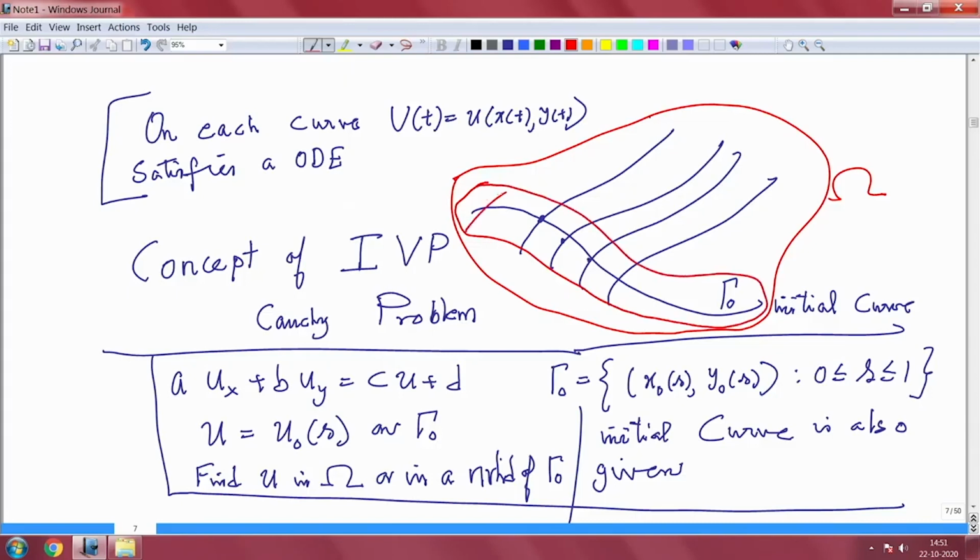So, you want to determine u locally. This is called the existence of a local solution. We will continue this process again, and I will tell you a little more about it, and then we will go to what is called a quasi linear equation.